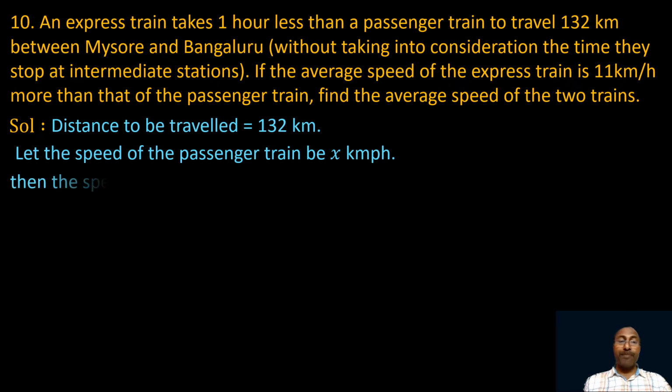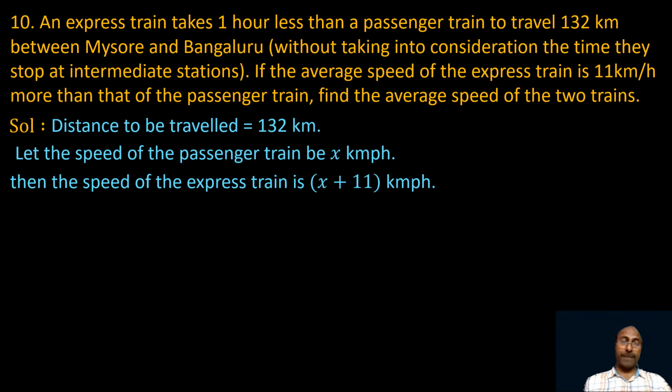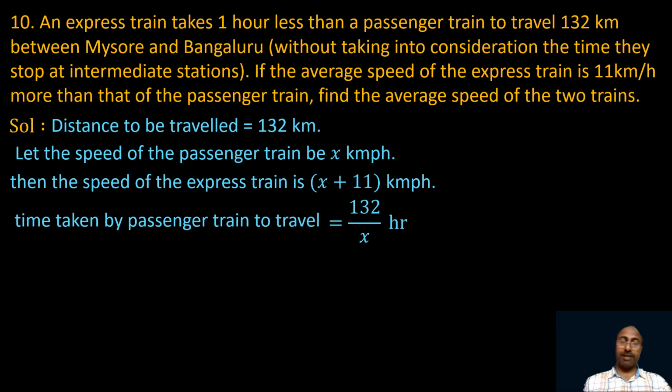That is, the speed of the express train is x plus 11 km per hour. The time taken by the passenger train to travel 132 kilometers is, time equal to distance by speed, that is 132 by the speed of the passenger train, that is x. So 132 by x hours.